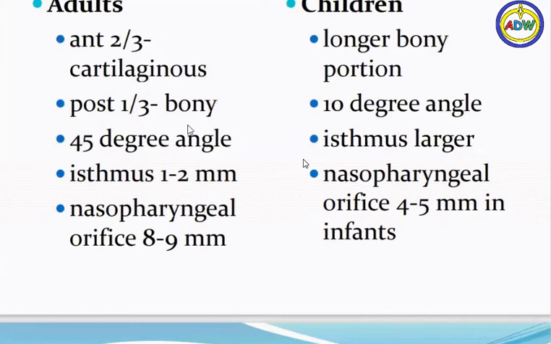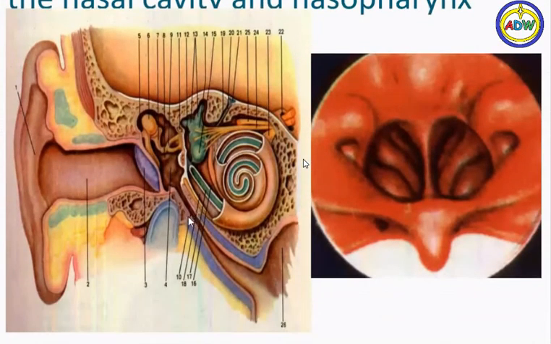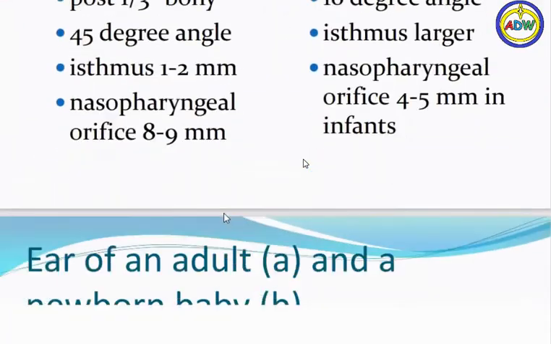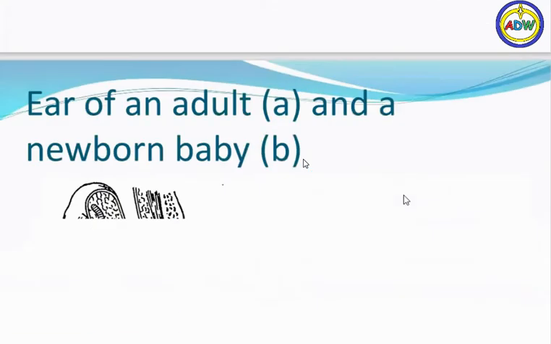There is a 45-degree angle in adults, and in children a 10-degree angle, more horizontal. The isthmus is 1-2 millimeters, meaning the narrowest part of the eustachian tube, located between the bony and cartilaginous parts, and in children the isthmus is larger. The nasopharyngeal orifice is 8-9 mm in adults, and 4-5 mm in infants.